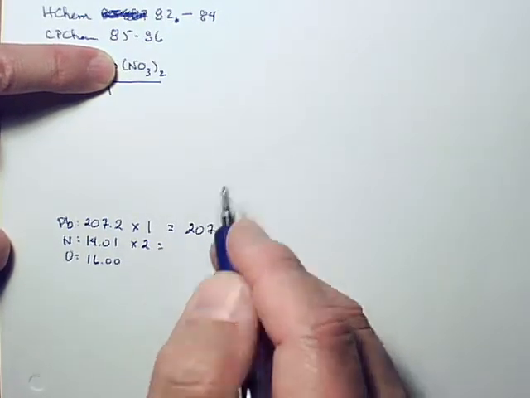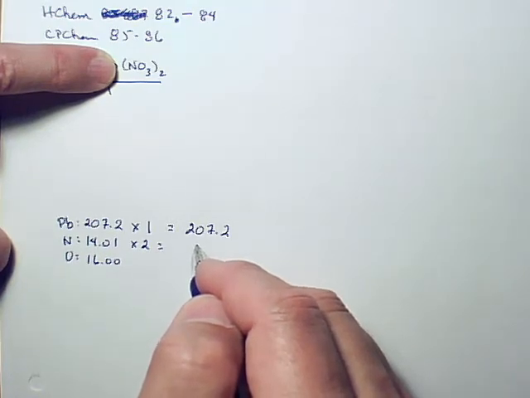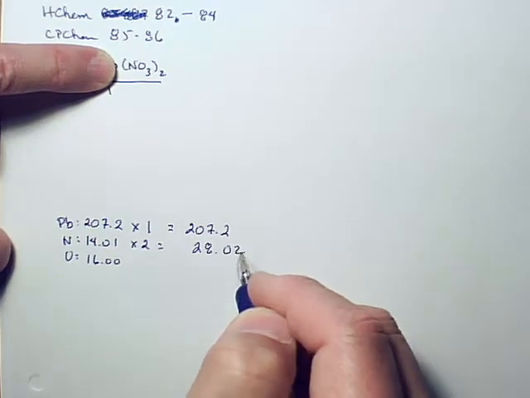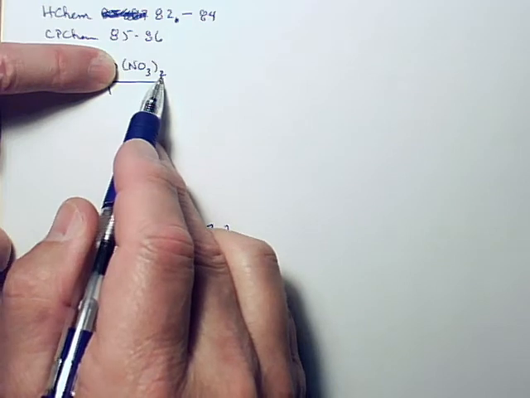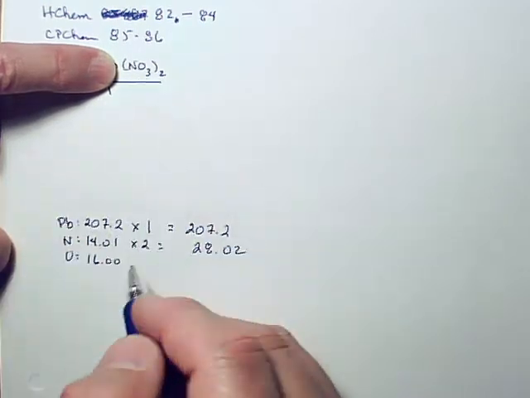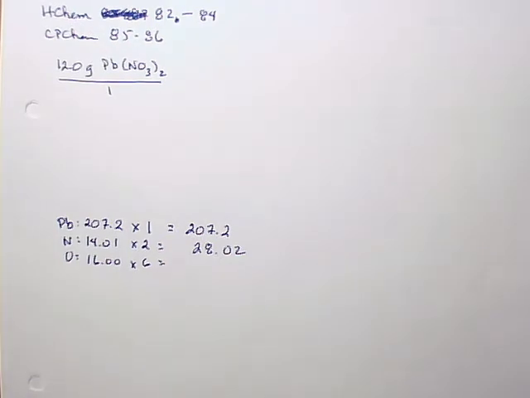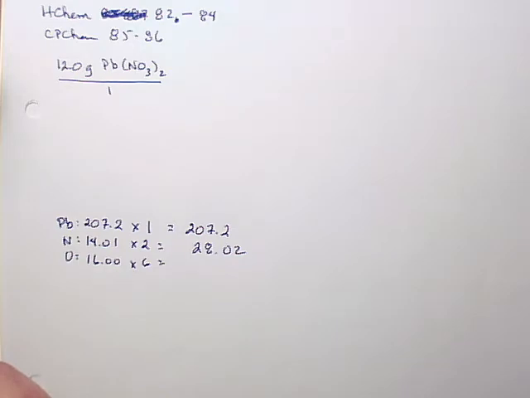So using the numbers from the honors chemistry periodic table, that would be 28.02. And in the nitrate formula, you have 3 oxygens times the 2 outside the parentheses means I have 6 oxygens. So 6 times 16. Well, that can't be right, is it? 96.